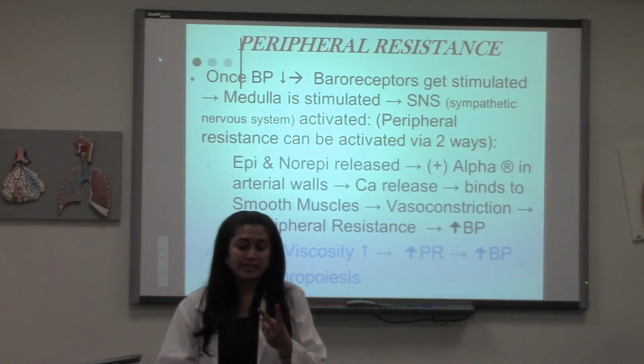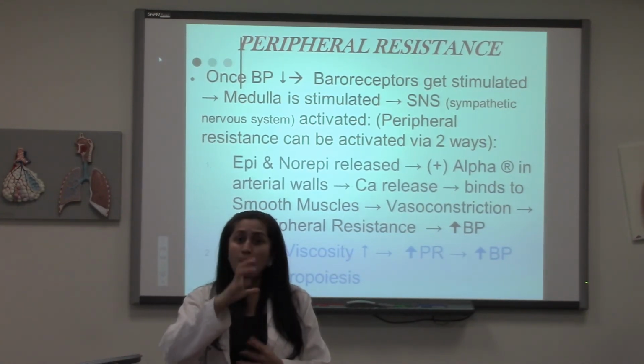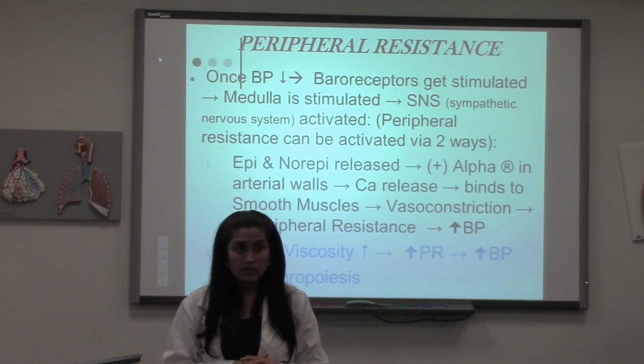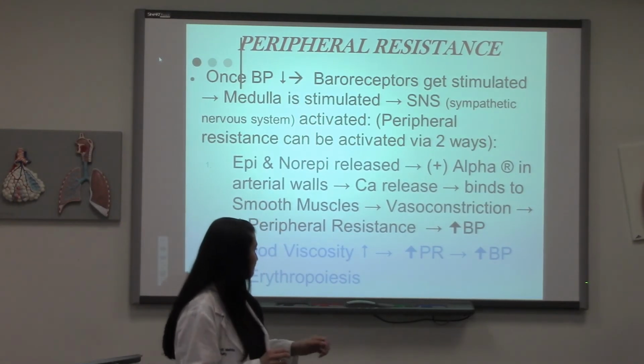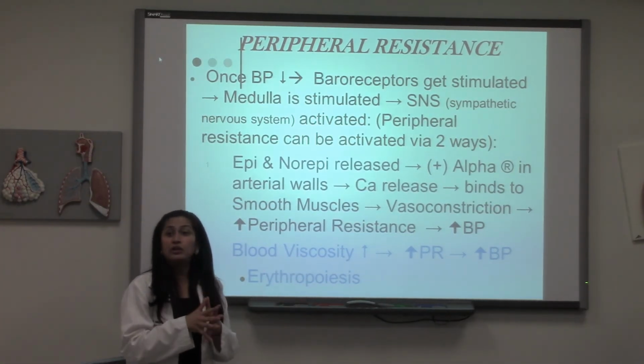So peripheral resistance is increased by decreasing the diameter of the vessel plus increasing the blood viscosity. Now, erythropoiesis I'm not going to go over, but you are responsible to know it for next week. And if you remember, blood viscosity was another parameter by itself.